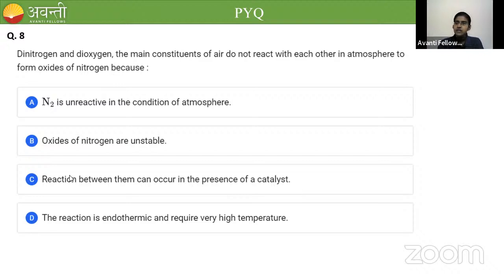In the atmosphere we have many different gases, but N2 and O2 are the major constituents of air. Even though they come in contact with each other, they do not react to form the oxides of nitrogen. What could be the correct reason for that? Can you guess?